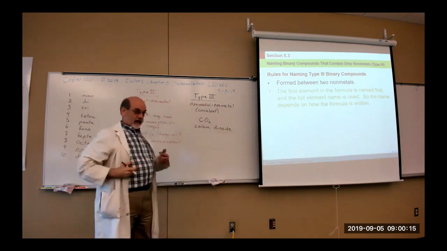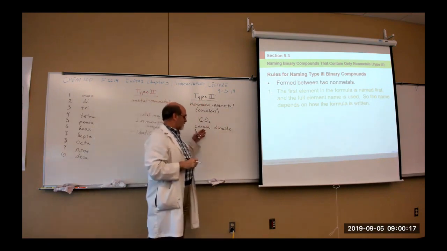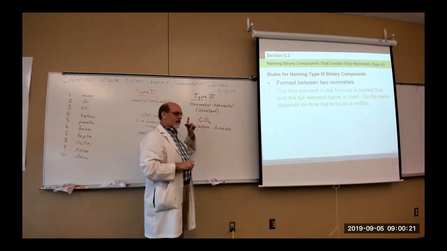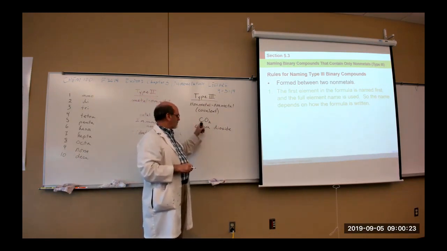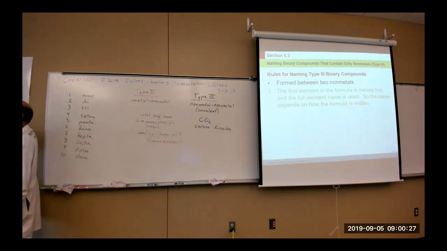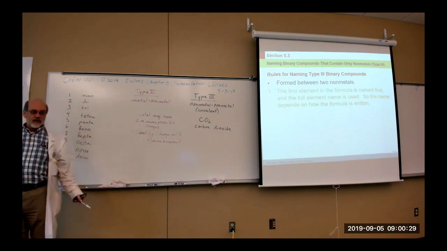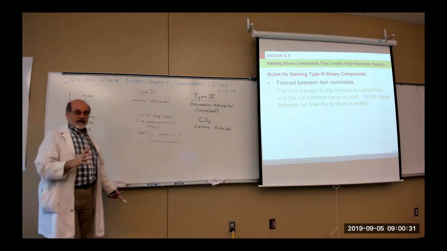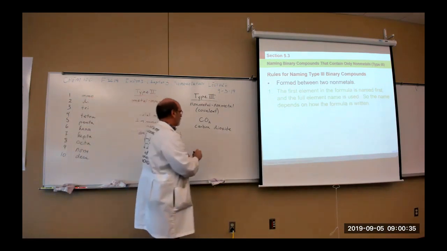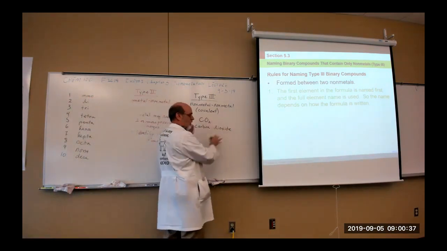Now, first of all, you look at the compound and say, what do we have? Carbon, oxygen, both nonmetals. So you instantly know it's type 3 naming convention. That means you have to say how many there are.